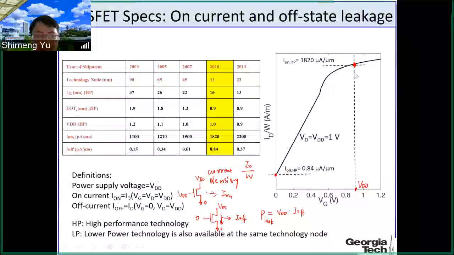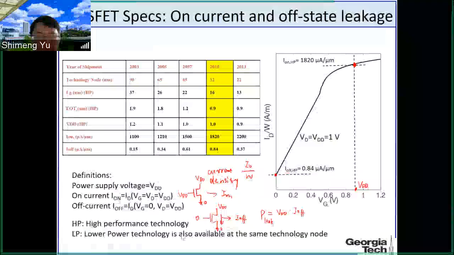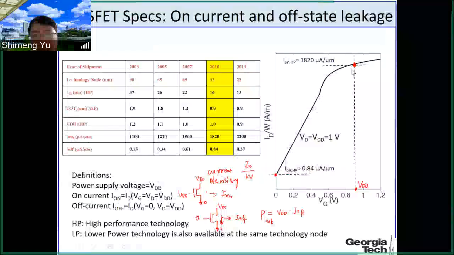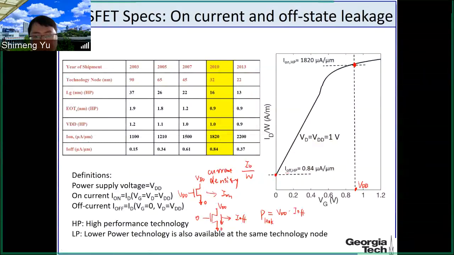So there's a trade-off in the design. If you want your circuit to have lower leakage power, you may sacrifice the speed of your circuit, because the clock frequency will be reduced as well if you use the low power technology, where the I off is engineered to be small. That means the on current will also reduce.